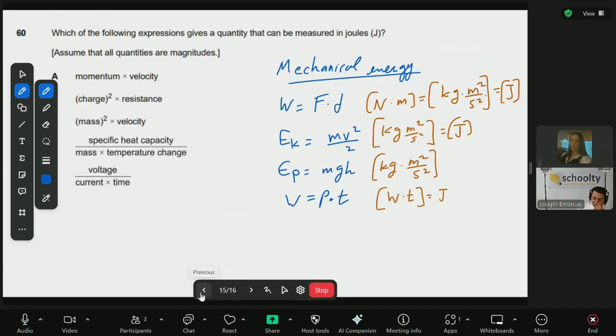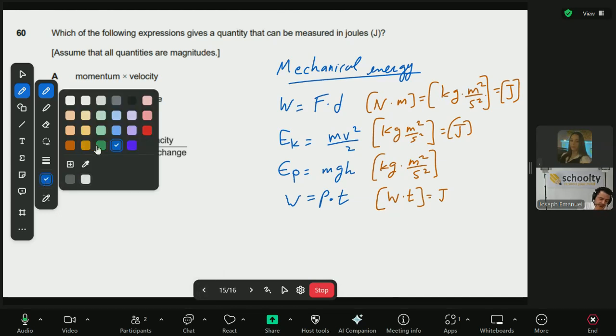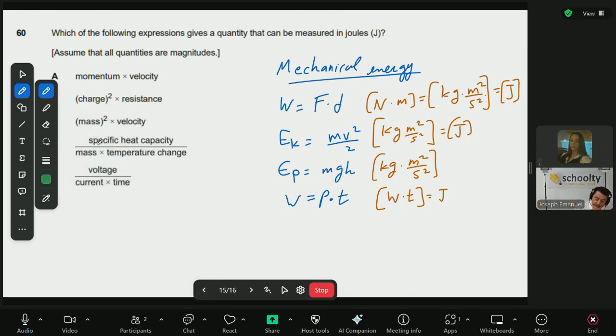So in conclusion, if we conclude here all the units, only units, so joule, we saw it as Newton multiplied by meter. We saw that it's equal also kilogram meter square second square.